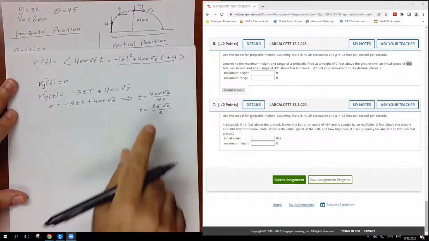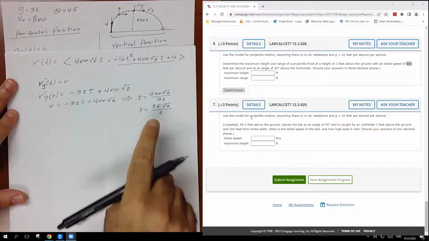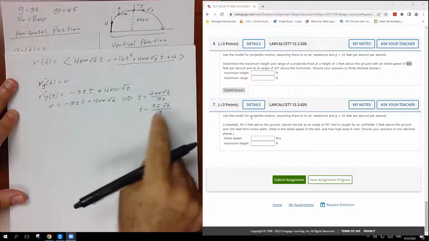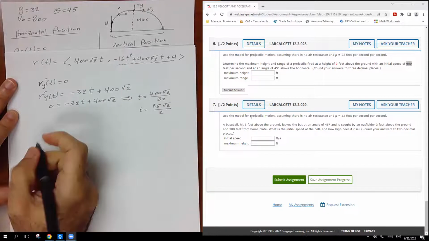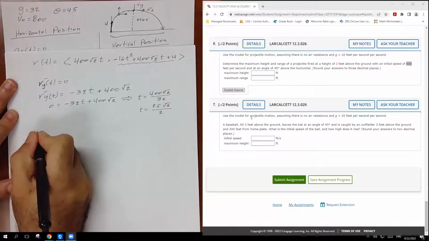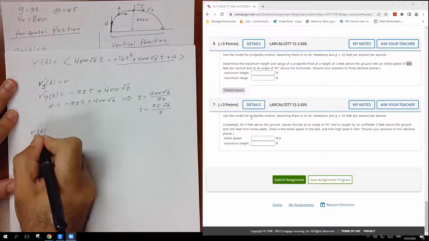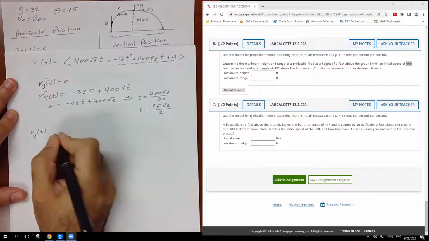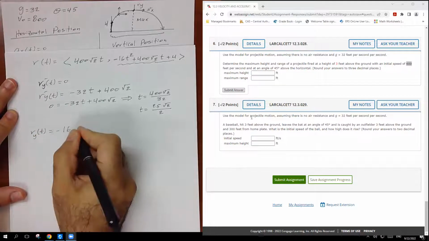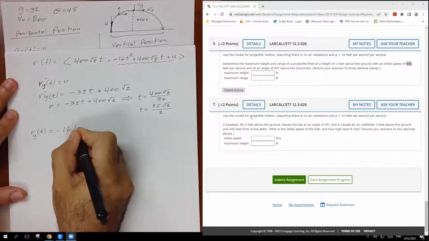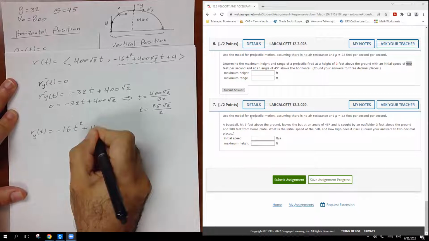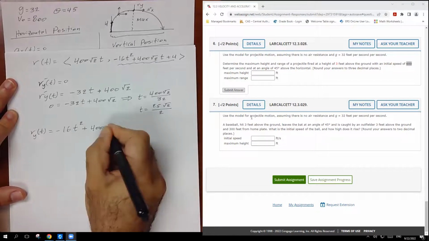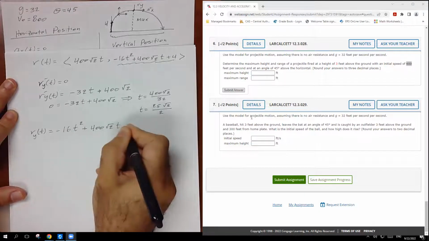To find now the maximum height, we're going to plug this one back in here, and this is going to be the maximum height. That means r sub y of t is negative 16 t squared plus 400 square root of 2 t plus 4.